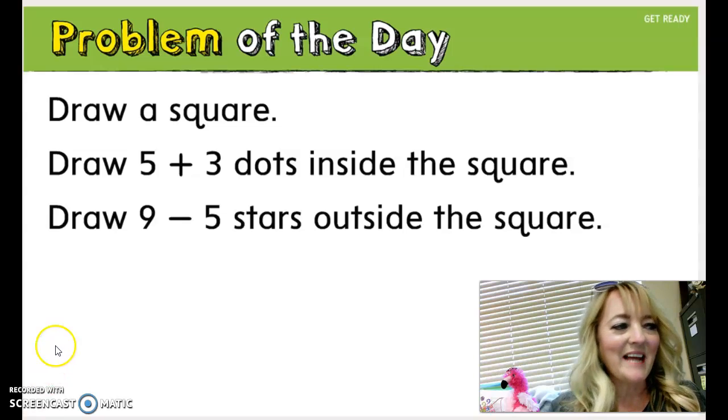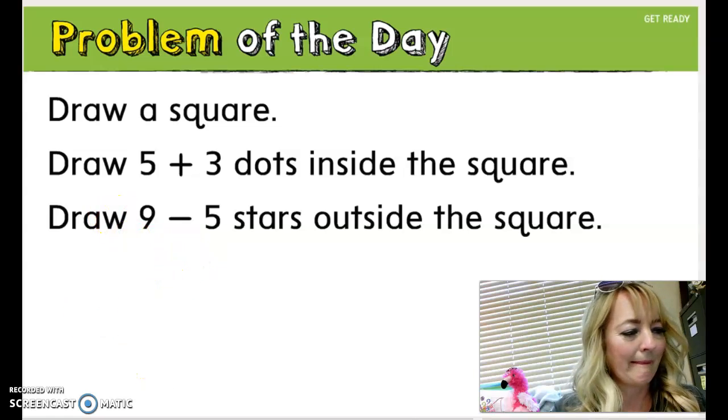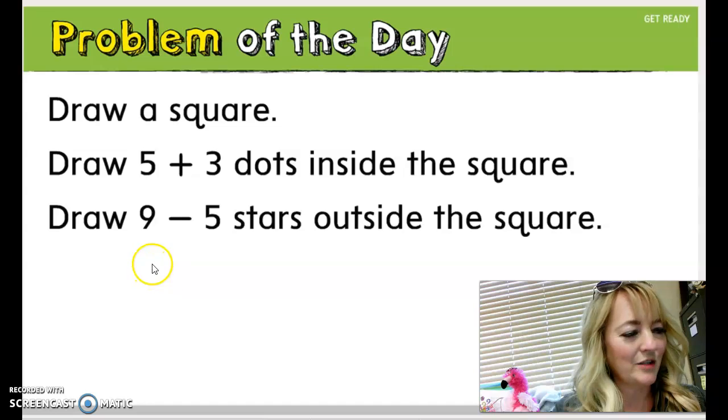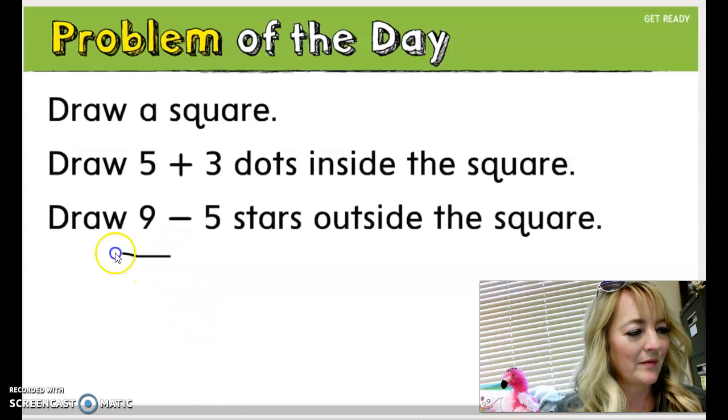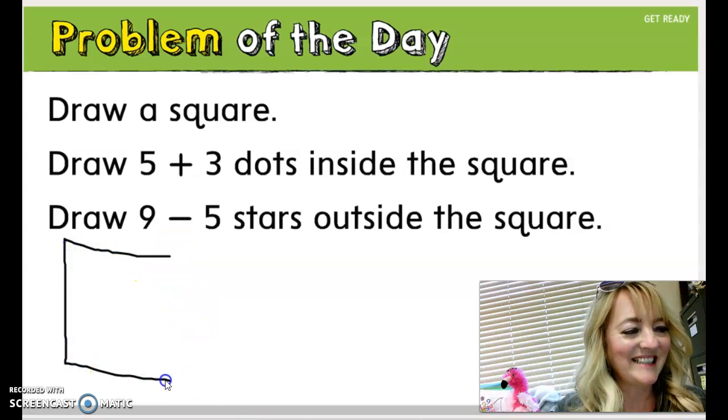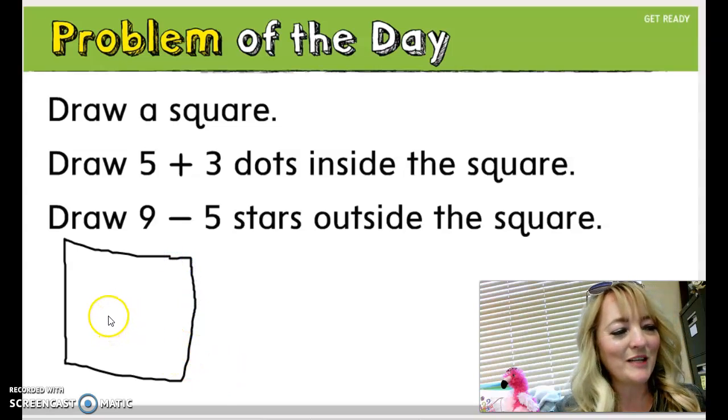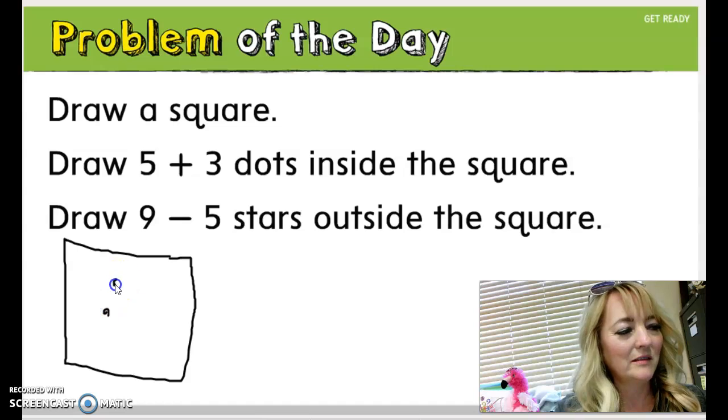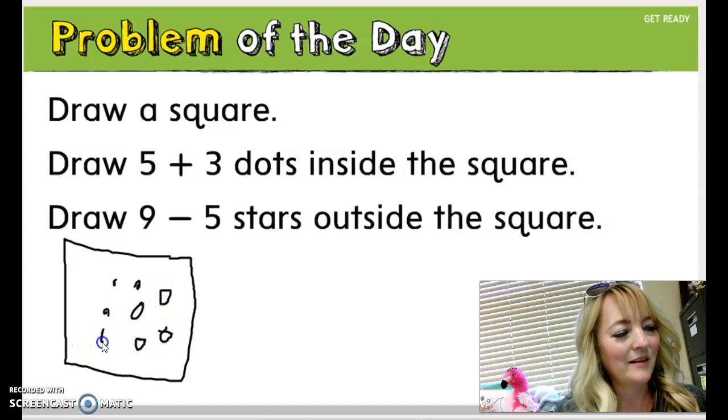So the problem of the day: draw a square. Draw 5 plus 3 dots inside the square. So let's draw a square. Can't guarantee it's going to look great with this mouse. Draw 5 plus 3 dots in the square. So 1, 2, 3, 4, 5 plus 3 more: 1, 2, 3.